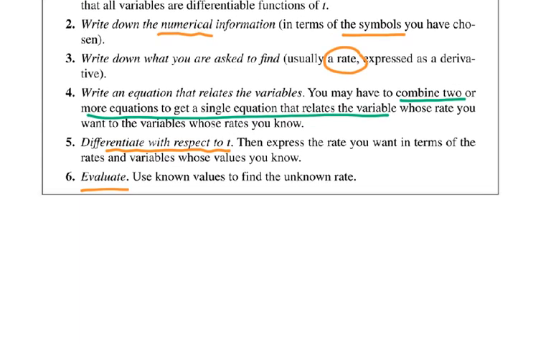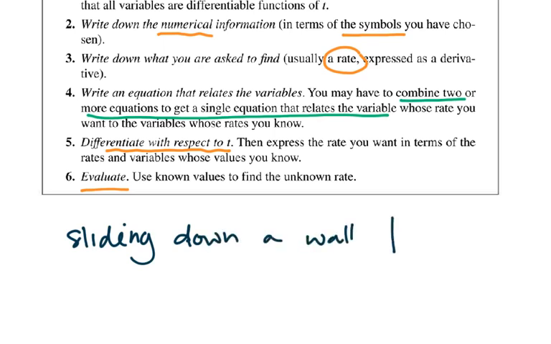So one thing we might do is find how fast a ladder is sliding down a wall. And if we think about a ladder sliding down a wall, that's a vertical rate. So we might represent that with dy/dt, vertical change over time. Or how fast an area is changing.